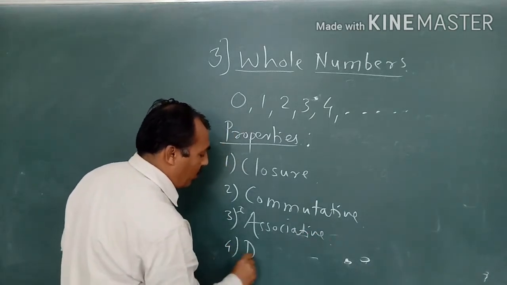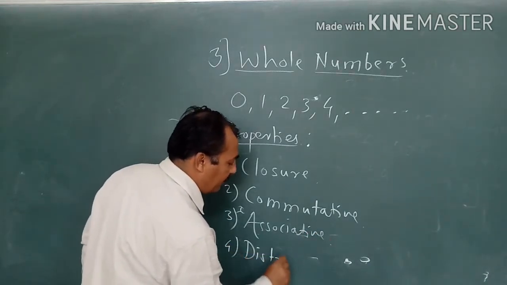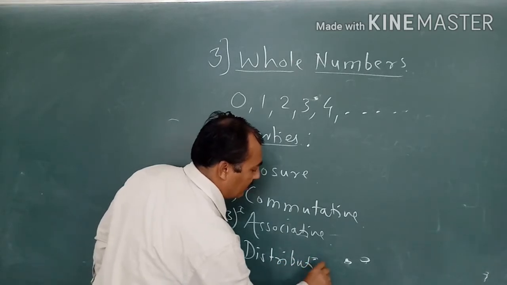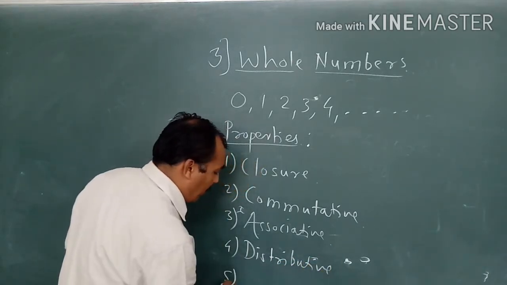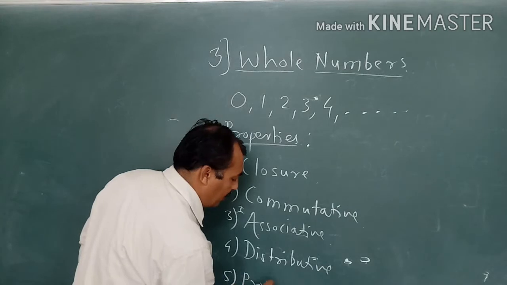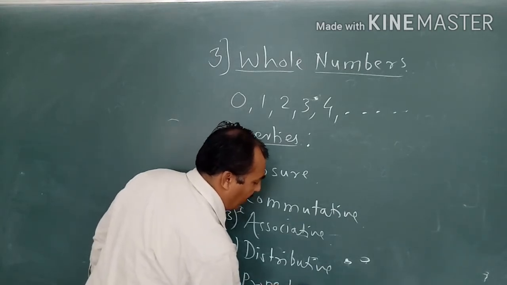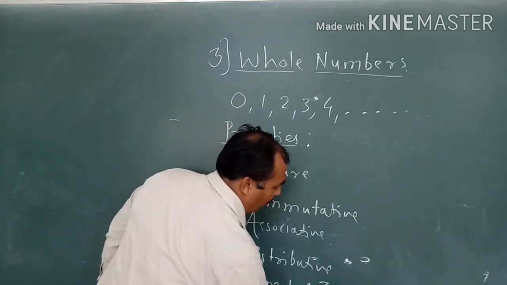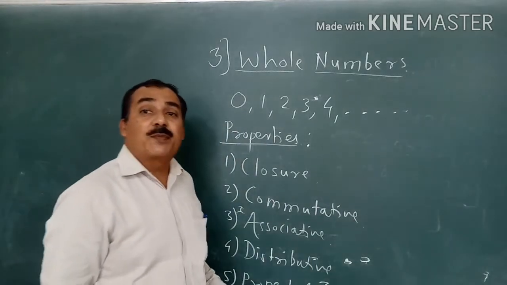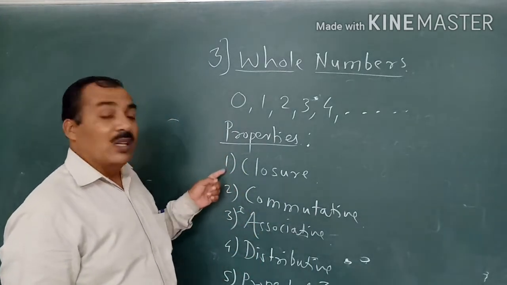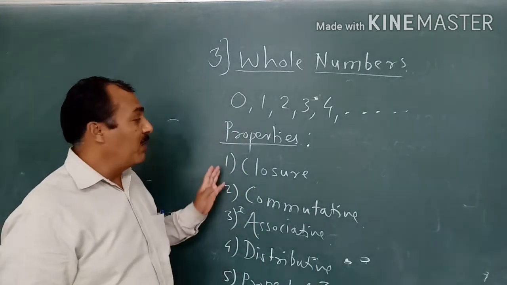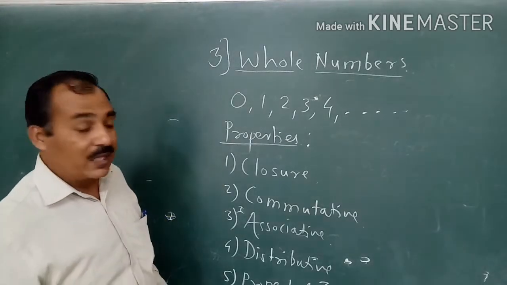Fourth property is distributive property. And fifth is the property of zero. So these properties we are going to learn through this lesson, one by one.